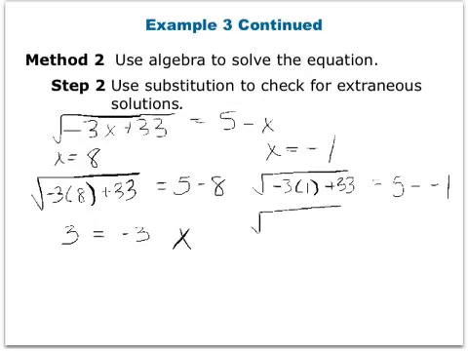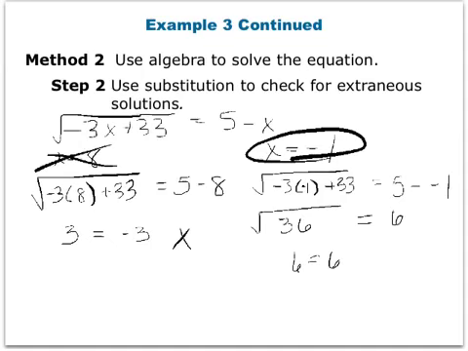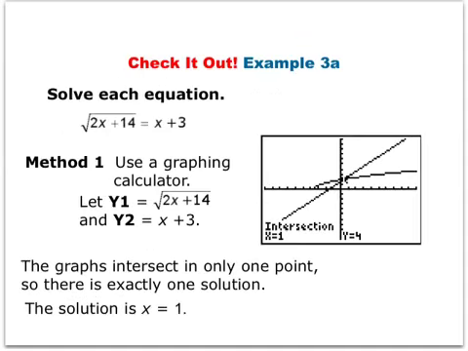Negative 3 times negative 1 is positive 3, plus 33 is 36, the square root is 6, equals 6. So x equals negative 1 is the only answer. x equals 8 does not work.